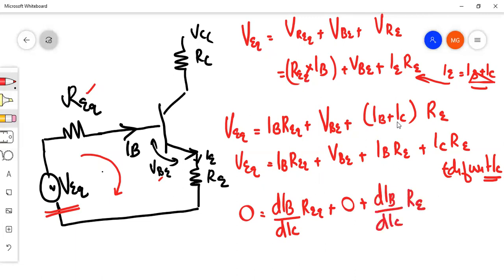This is R equivalent. Next, IC with respect to IC differentiated gives 1 into RE. So this is the equation that we get after differentiating with respect to IC.